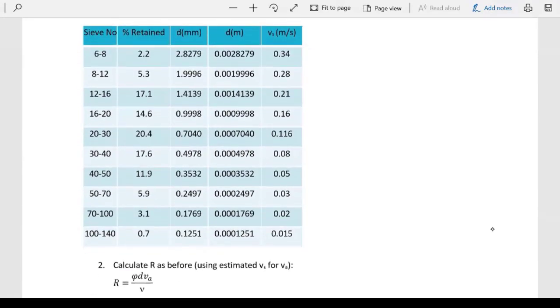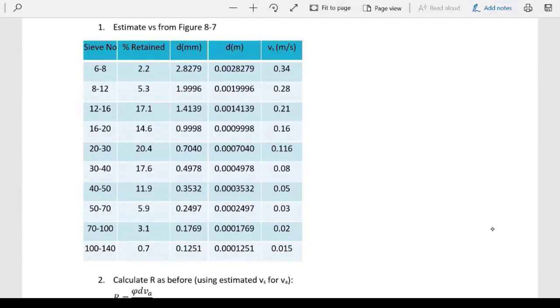And what I've done here is I've just tabulated that information from the graph. So you can see for the particle size of 2.8 millimeters, I have a terminal settling velocity of 0.34. For 1.996, I have 0.28. So I go through and I count and I estimate, so these are estimated values from the graph.